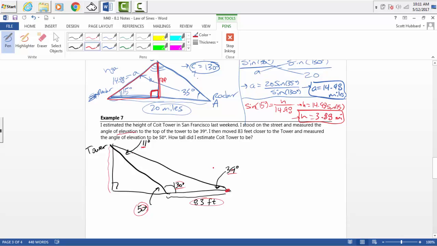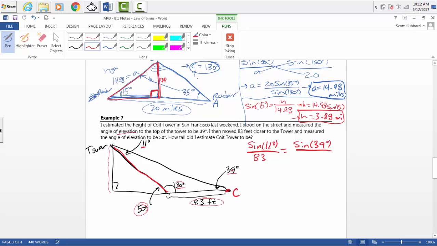Okay, so then I know that. I want to find out how tall I can estimate the tower to be, and it looks like it's going to be just simple using law of sines here. I'm thinking like this: sine of 11 over the side 83 is the same thing as sine of 39 degrees over this side.